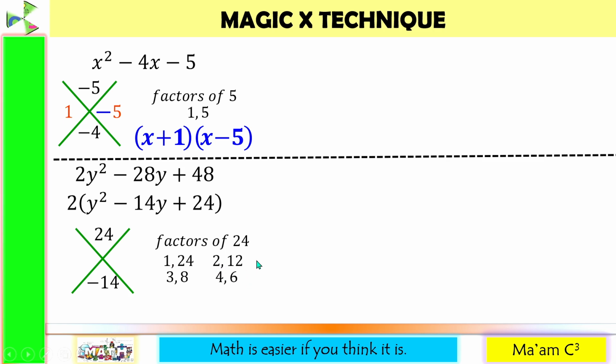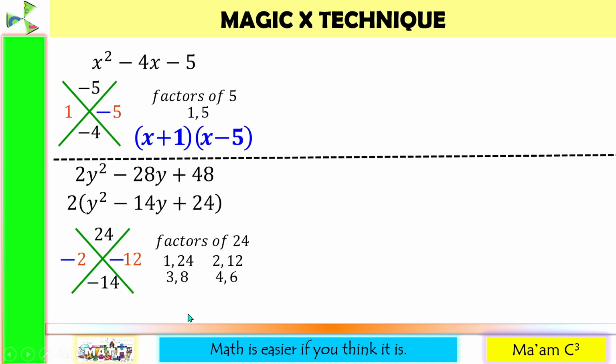The possible numbers that will give you a sum of 14 are 2 and 12. For the signs of the factors, since my top number is positive, then I could have both negative or both positive. But since the bottom number is negative, it means my factors are both negative.